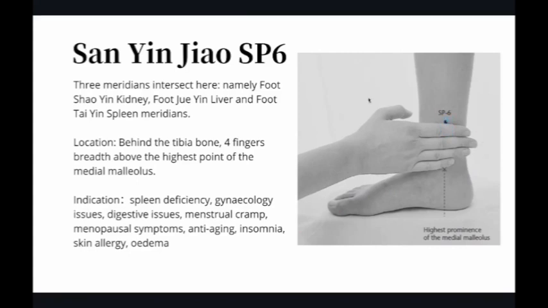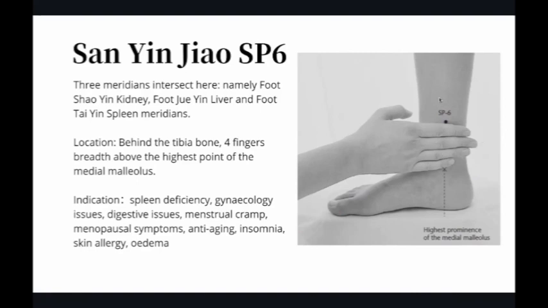It's called spleen 6, 三阴交. 三阴交 means three yin intersection if we translate into English, because three meridians intersect on this point. So this point can definitely help a lot of conditions. It is behind the tibia bone on our inner leg.